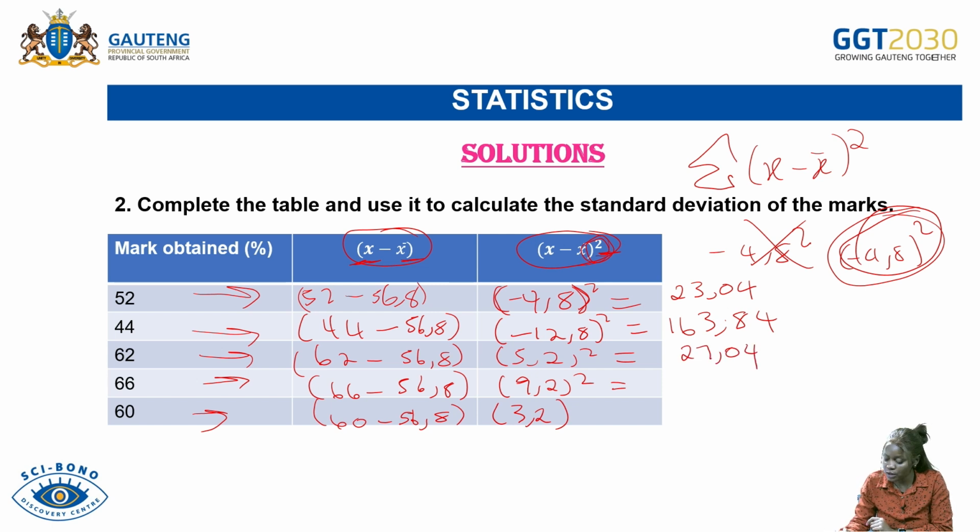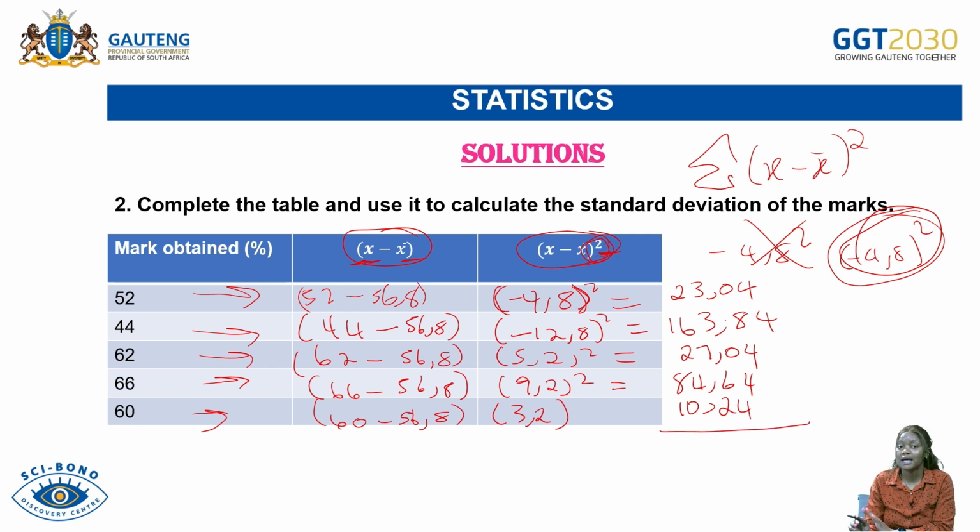And then move to the next one, which is 9,2. It is going to give you 84,64. And then you move to the last one, which is 3,2, and it is going to give you 10,24, right?